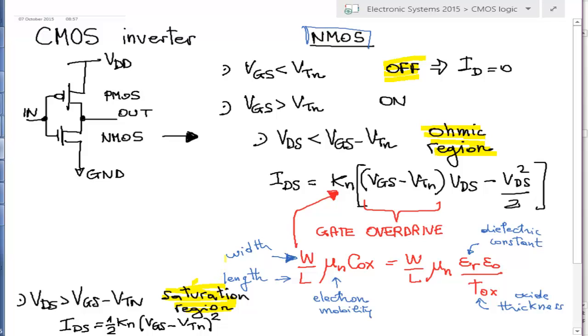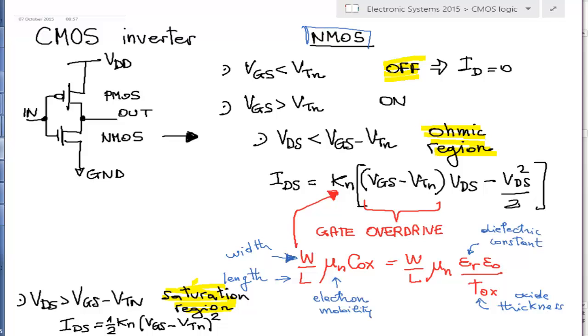Well, actually, as one always says, in digital electronics, the two most common situations in which a transistor is operating are the first two. So basically, a transistor is in the off state, so it behaves as a switch turned off, or it is in the on state, so it operates as a switch in short circuit.